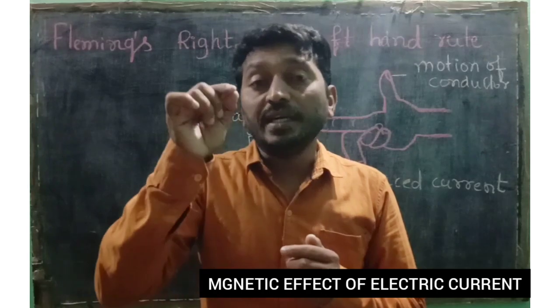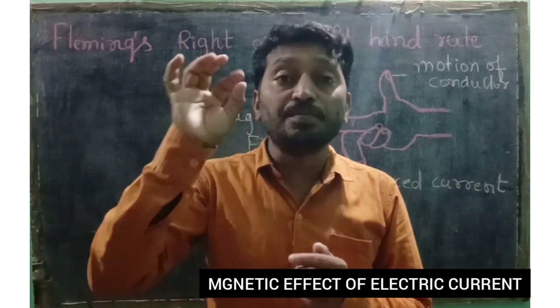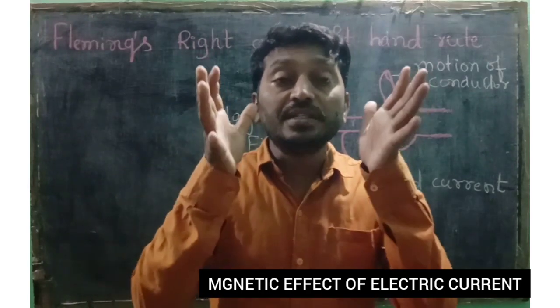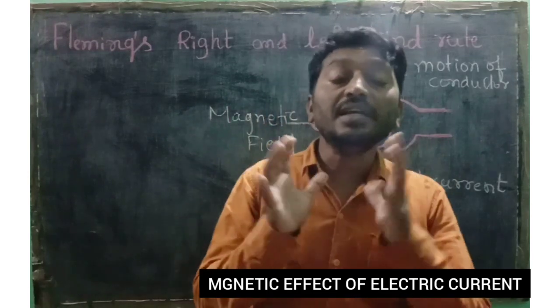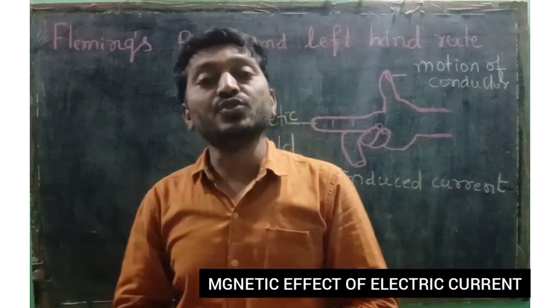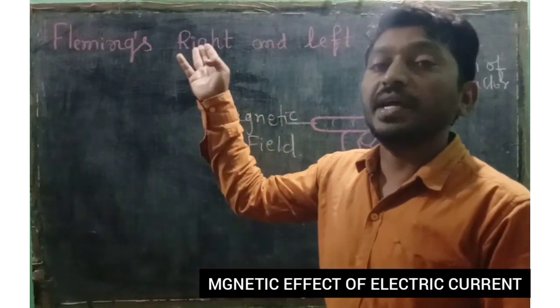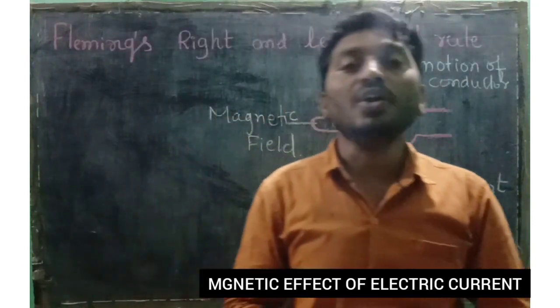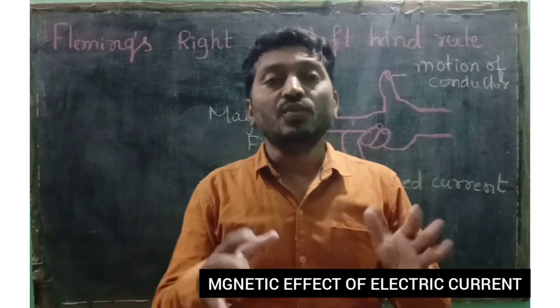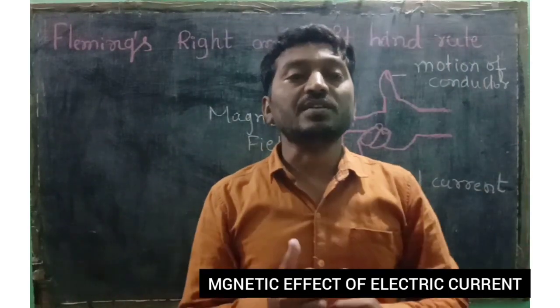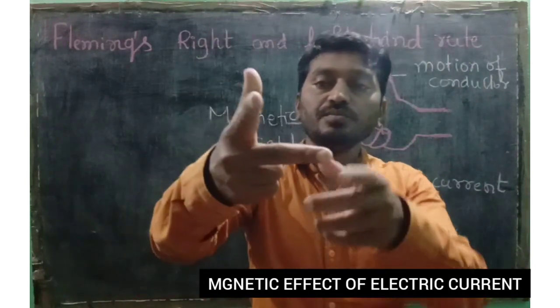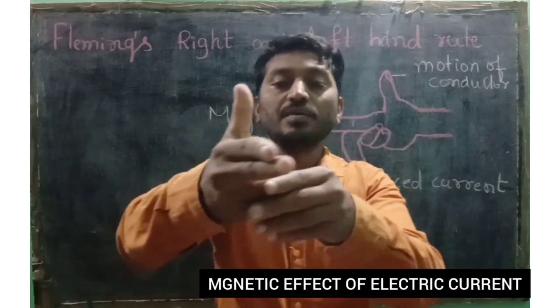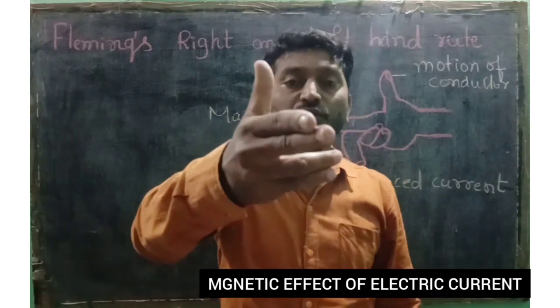The direction of the electric current produced can be easily identified by using Fleming's right hand rule and Fleming's left hand rule. First we have to discuss Fleming's right hand rule.